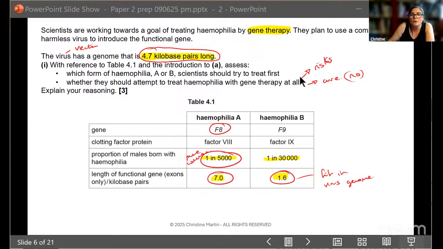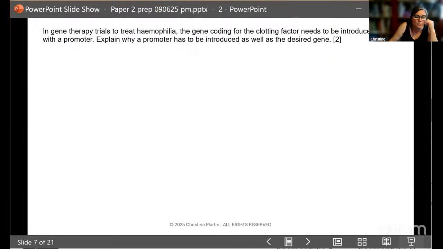One thing that I thought was quite interesting with this question went on, I do want to just add it in here before I move on to the next topic area, is in gene therapy, the gene coding for the clotting factor needs to be introduced together with the promoter. Why does it need to be put in with the promoter?